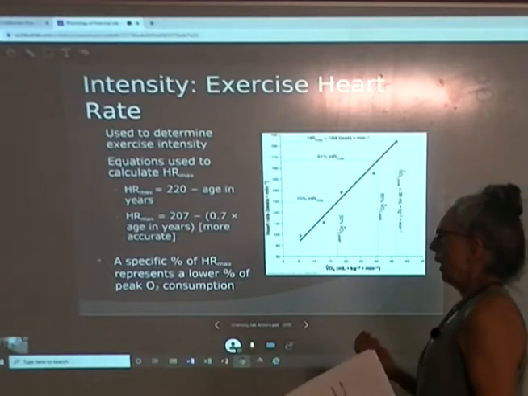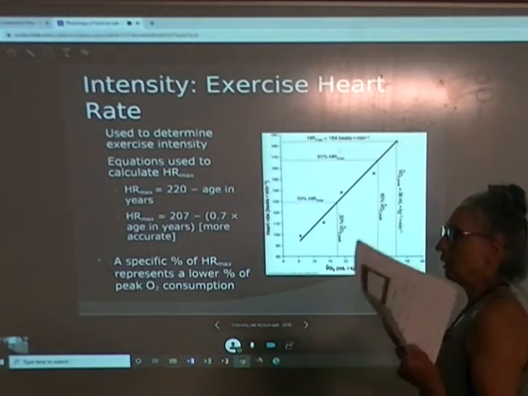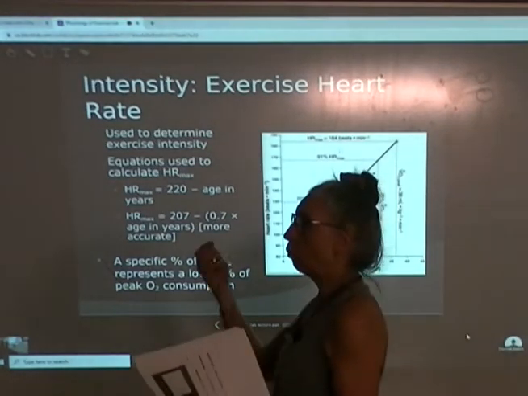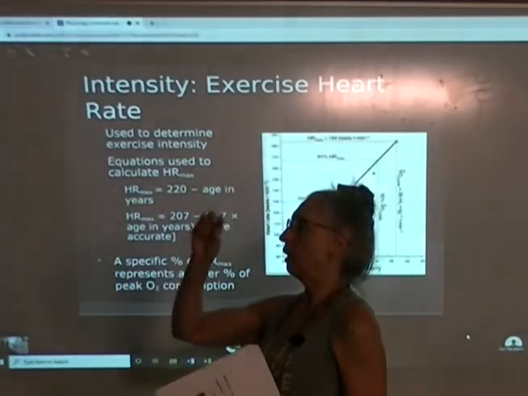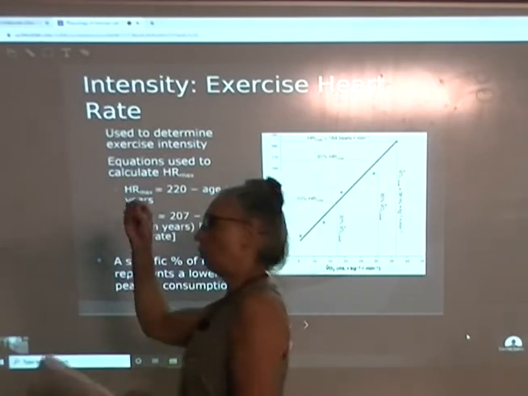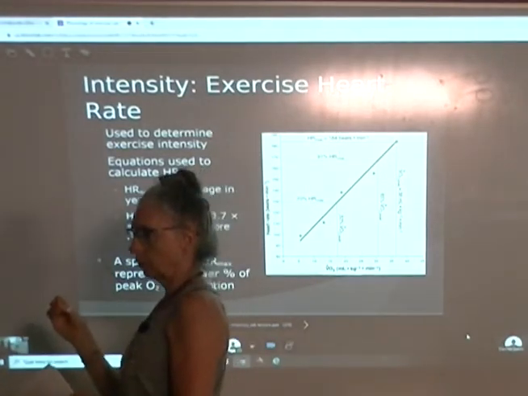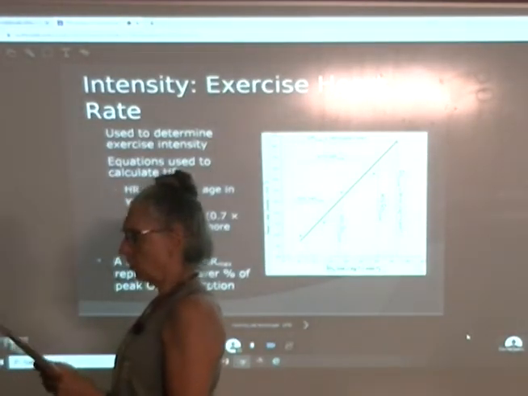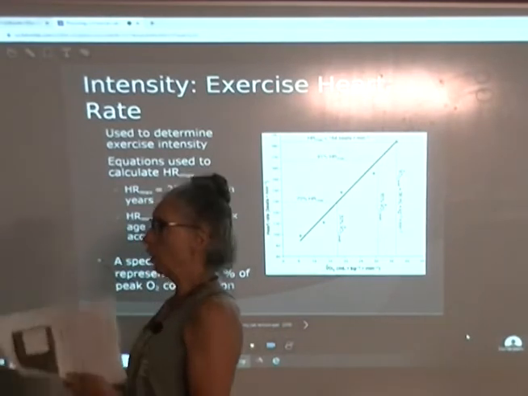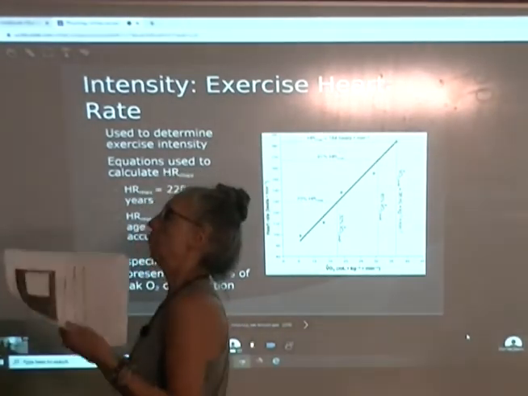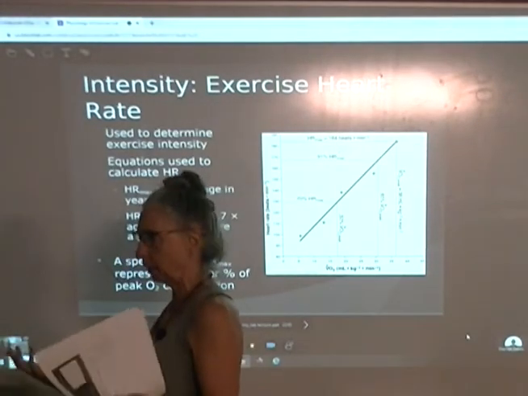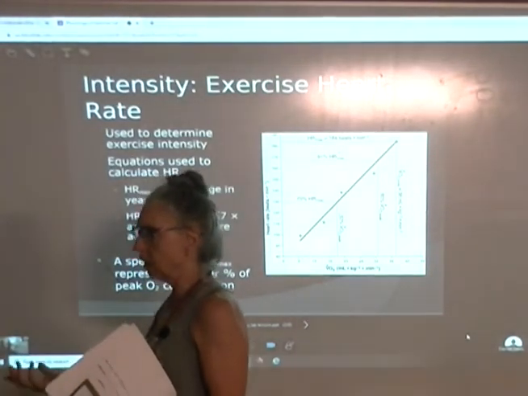Then what we're looking at is my intensity level. The work rate that I'm doing is a percentage of my heart rate max, okay? So I can work at 80%, or I can work at 50%, or I can work at 65% of my heart rate max.